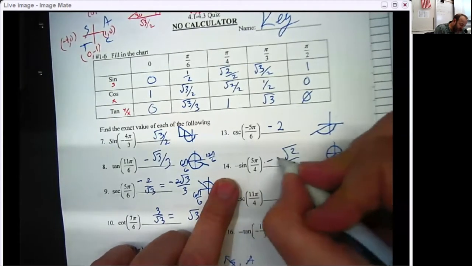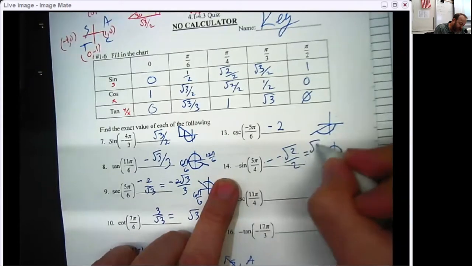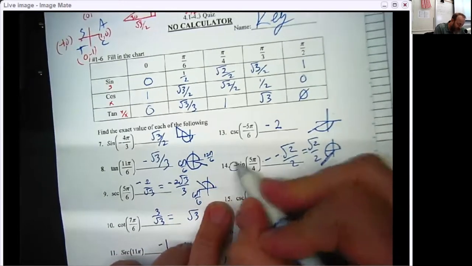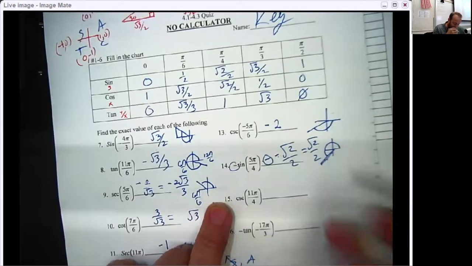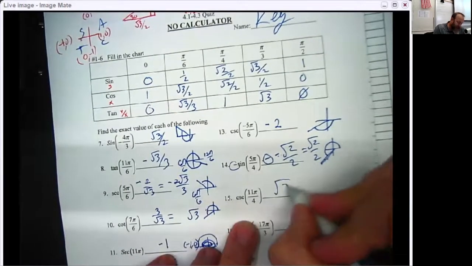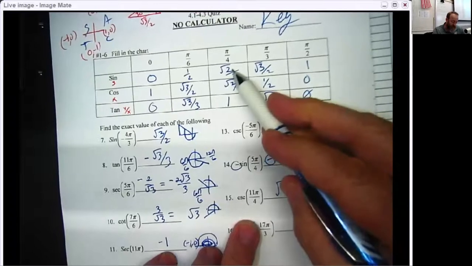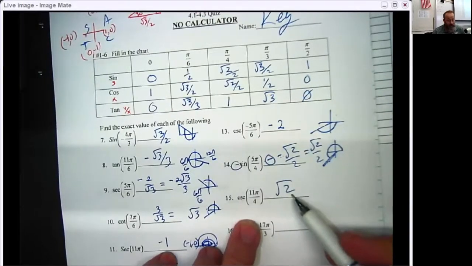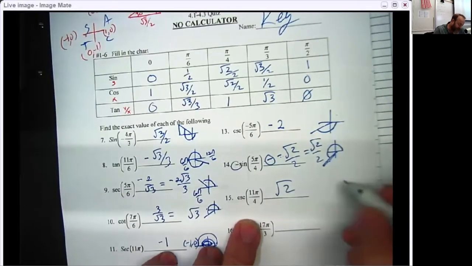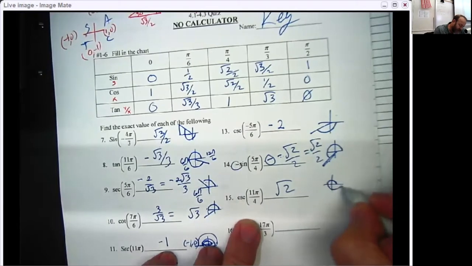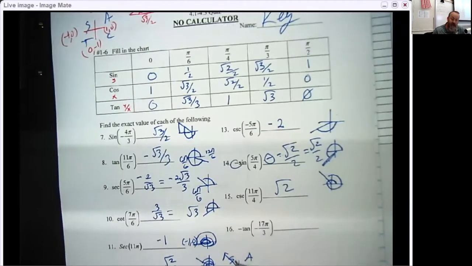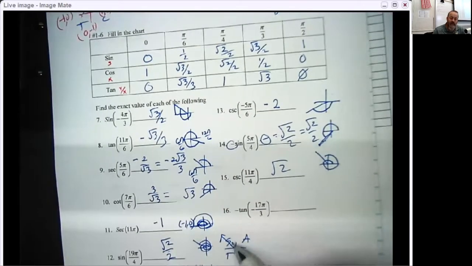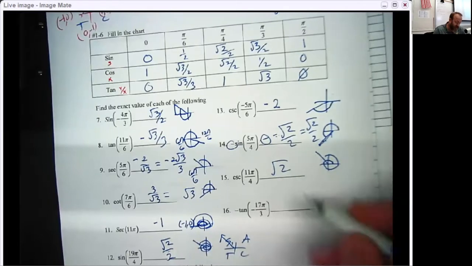So it's saying subtract a negative, so that's a positive root 2 over 2. So the negative is here, but then this negative comes from the quadrant. Okay, I'm going to flip root 2 over 2 over, and that gives me root 2, believe it or not. And then again, 4, 8, not quite 12 for second quadrant. I know that the sine is positive in the second quadrant, so the cosecant is positive 2.